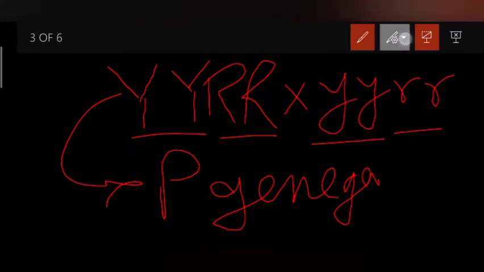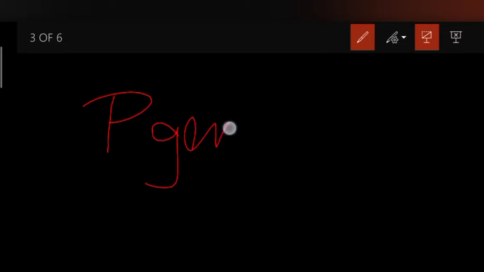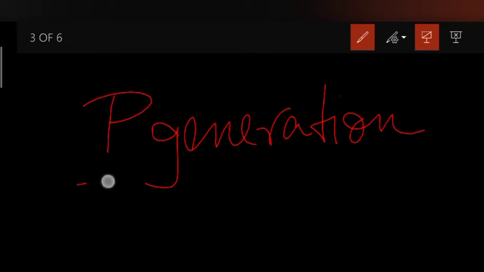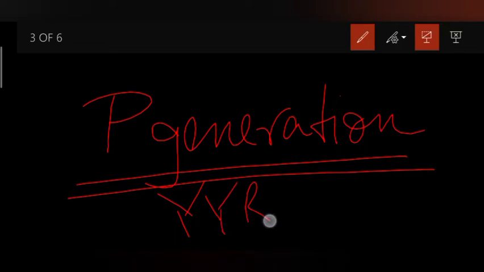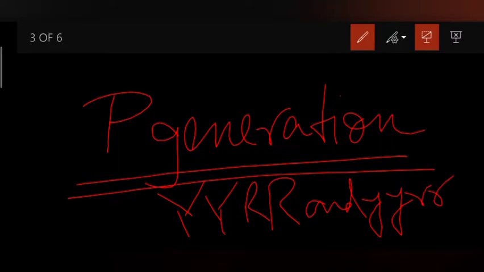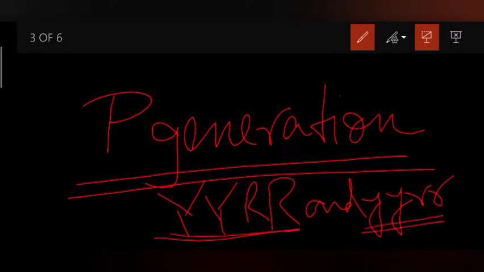P generation. And what is the meaning of P generation? The P generation consists of the parents, YYRR and yyrr, which are usually homozygous for one or more traits.